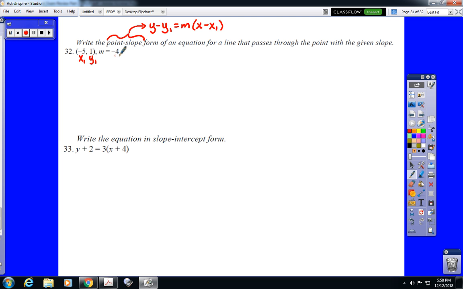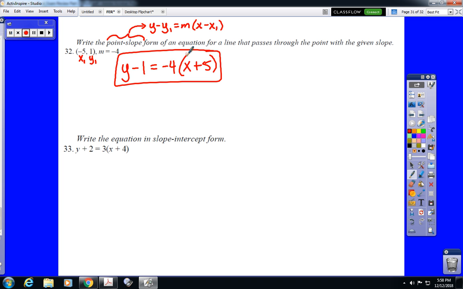So we have an m value, we have an x1 and a y1, so this should be super easy. Y minus y1, which is y minus 1, equals the slope, negative 4, times x minus x1. So it would be minus negative 5, which would really be plus 5.